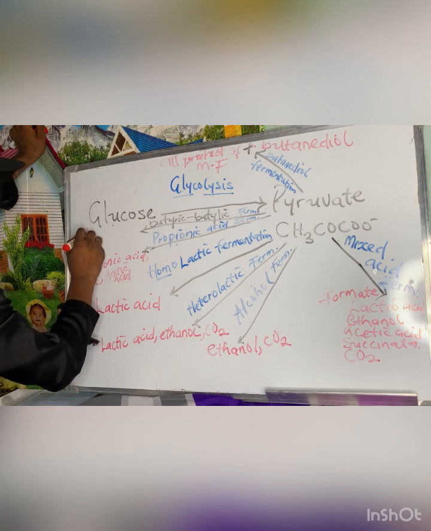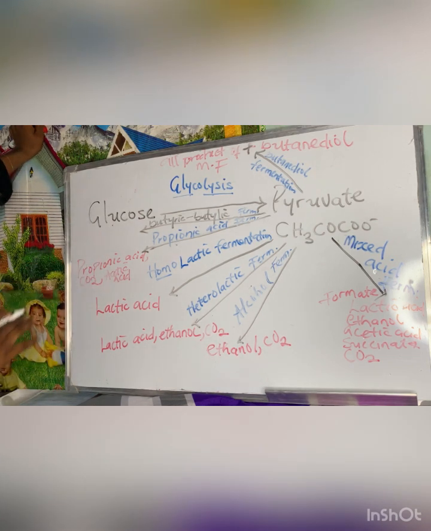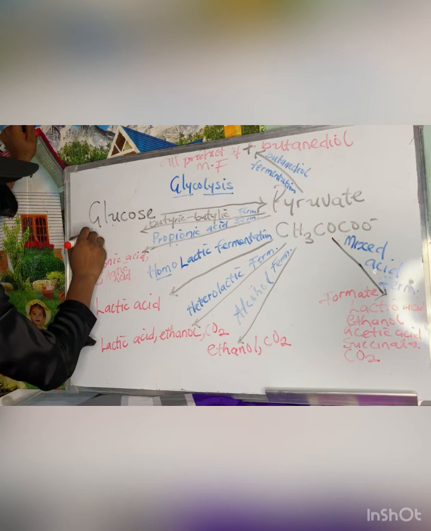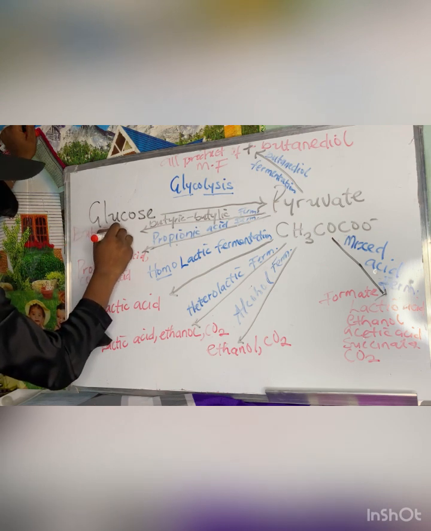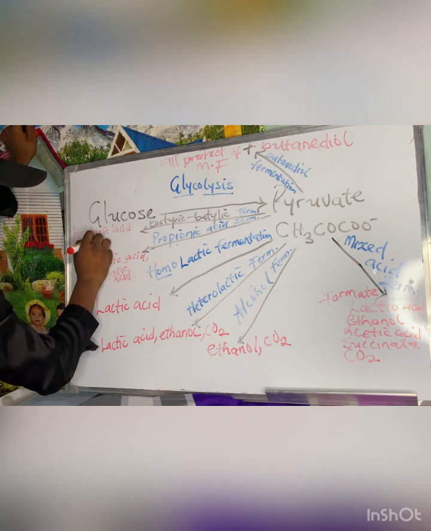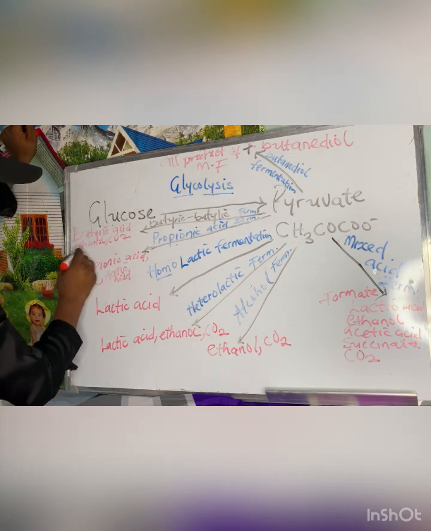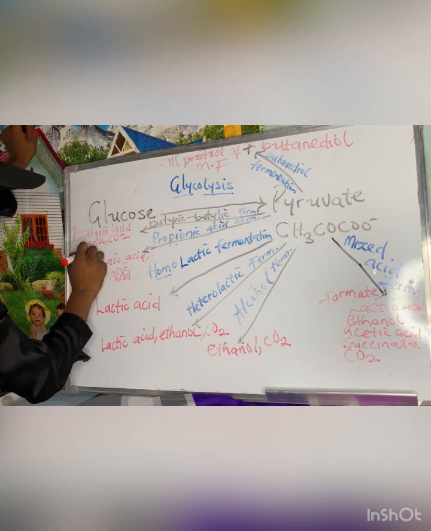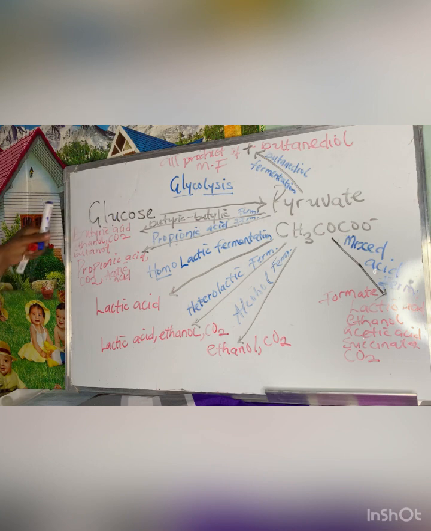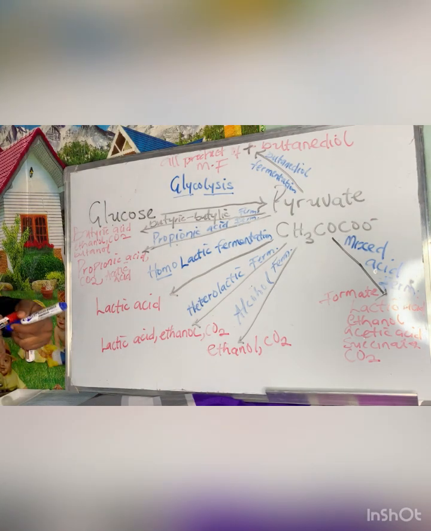Then under butyric fermentation, what it gives us is butyric acid, then ethanol, carbon dioxide, and butanol. So this is what pyruvate produces, depending on the pathway.